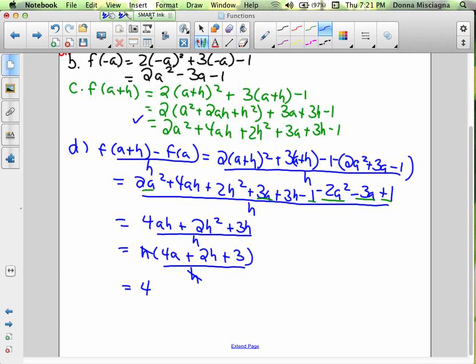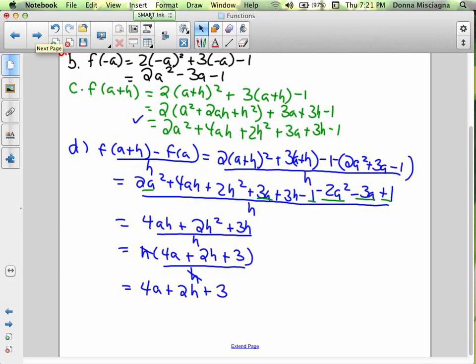And now we have 4a plus 2h plus 3. And right now, it's just an equation. It doesn't really have any meaning at all to you. But one day it will. But right now we're just practicing evaluating. Right? So we can evaluate anything in a function. We can evaluate finite values, or we can evaluate variables in a function.